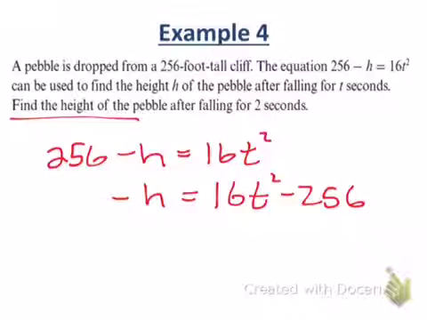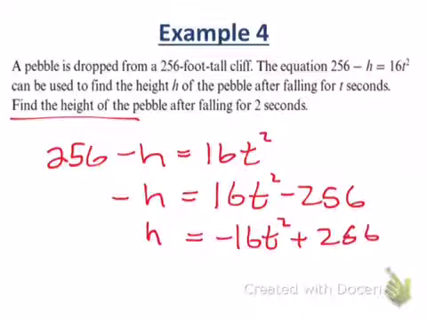Divide by negative 1, which is equivalent to just changing all the signs in the equation. h equals negative 16t squared plus 256. There it is, gravity pulling on this pebble at 16 feet per second per second. 256 is the initial height, or the initial position, of the pebble, right?